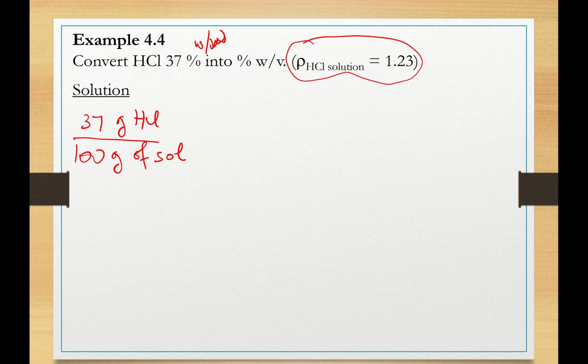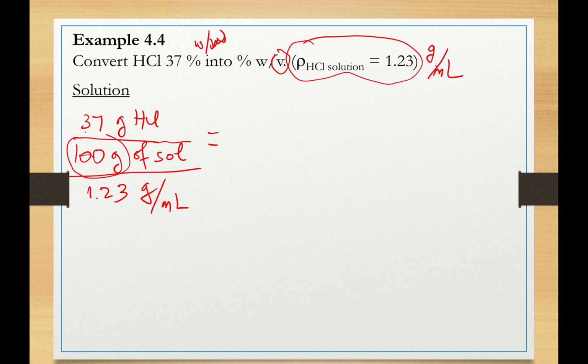And since the specific gravity is given for the solution, I have to apply it to the denominator. And in order to convert the weight into volume, I have to divide by the grams per ml. So that's 1.23 grams per ml. Now because I'm going to keep the denominator equal to 100, as you can see, percent weight per volume is also in 100 ml. I'm going to just multiply the numerator now.